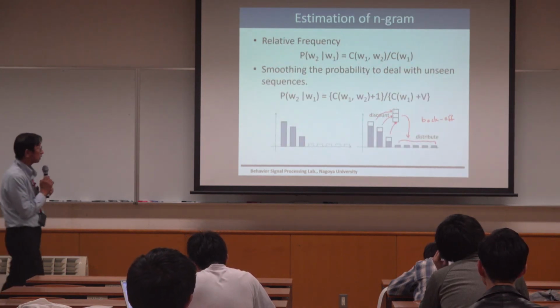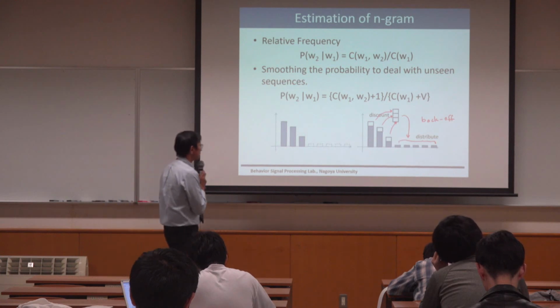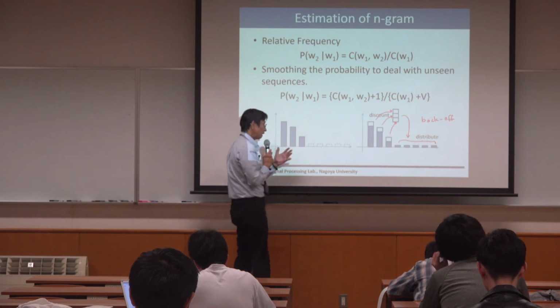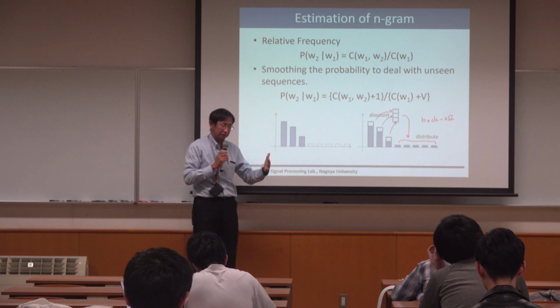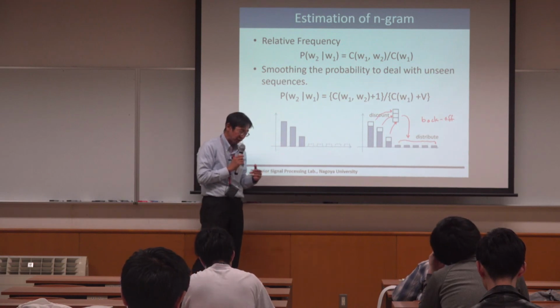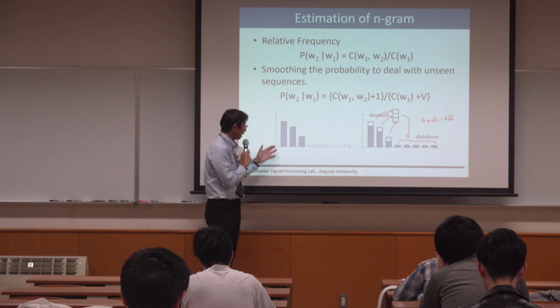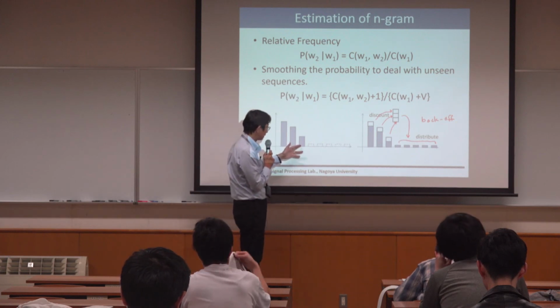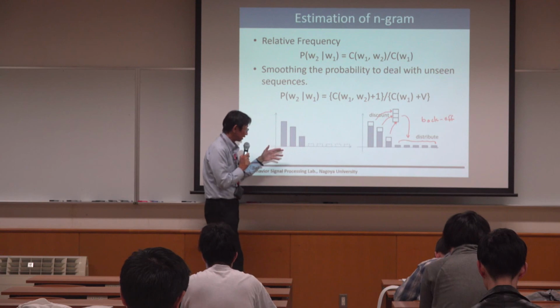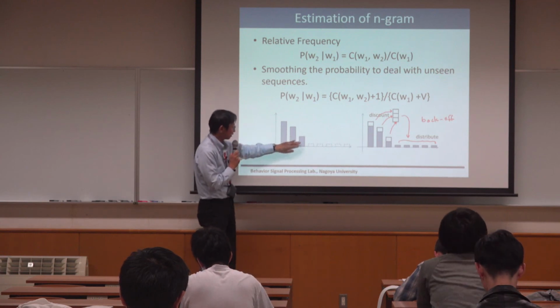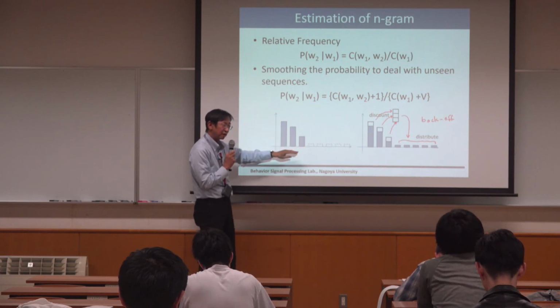The problem of counting the word sequence is like this. If you don't have a sufficiently big database, the count of the word in particular contexts is very rarely seen.